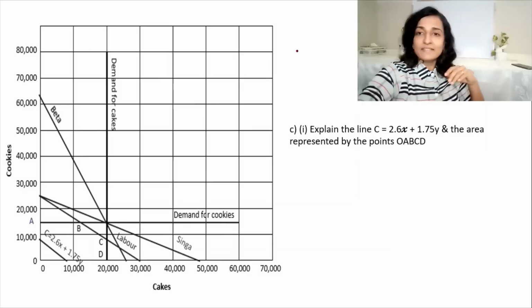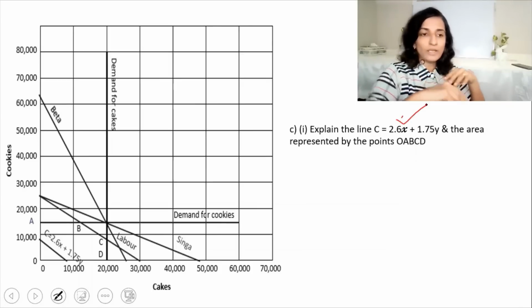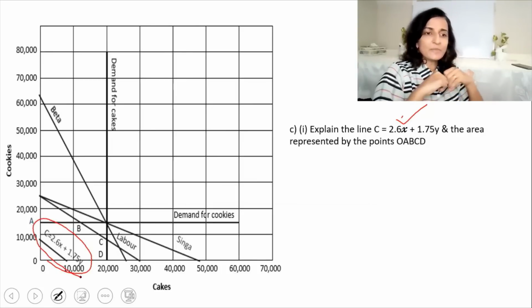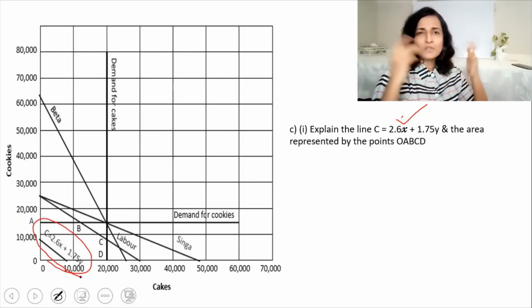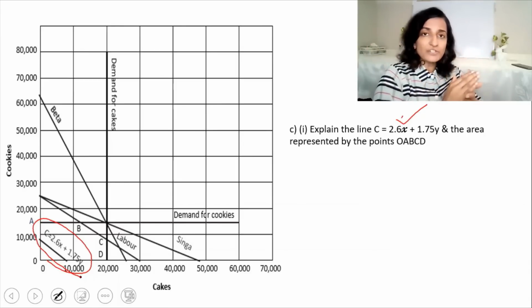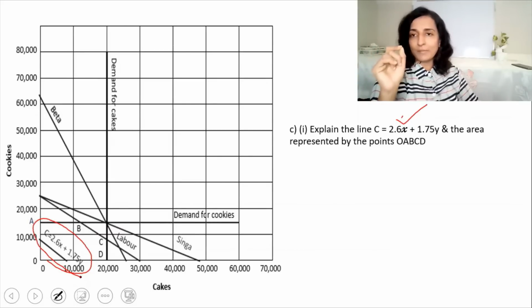Explain the line C is equal to 2.66x plus 1.75y. Where is that line? So what is that line? We have learned that that line is the iso contribution line, which represents the objective function. Those who have a doubt, please go and check the videos that have been uploaded for linear programming.